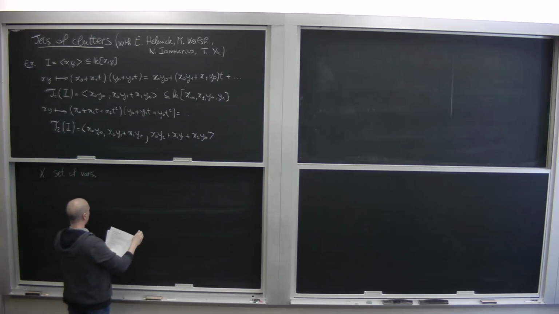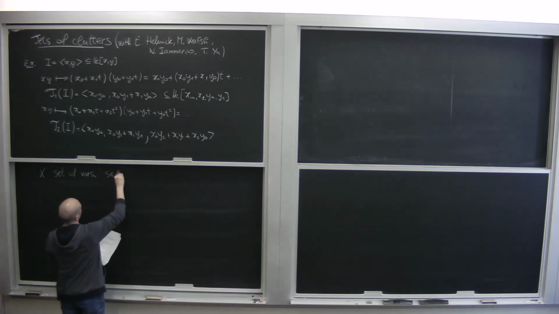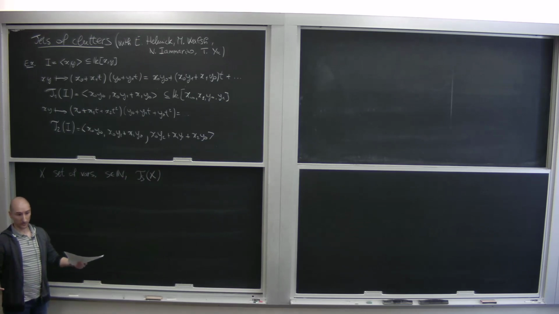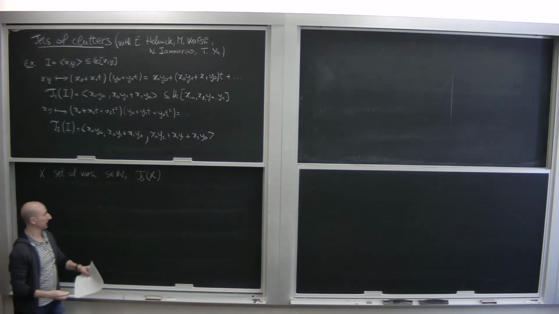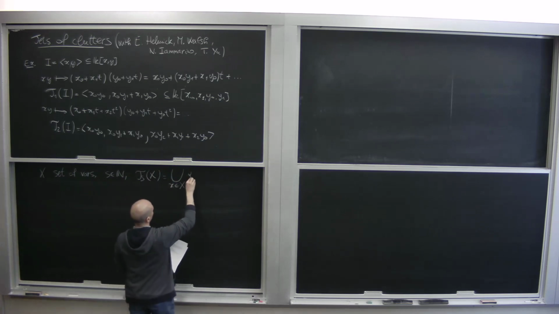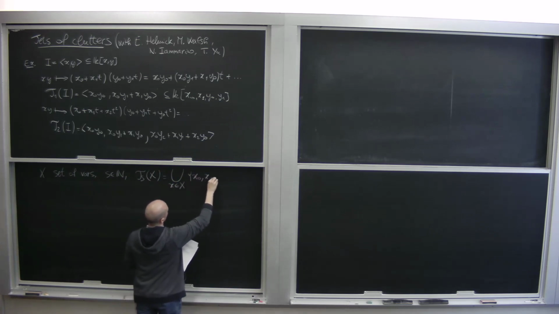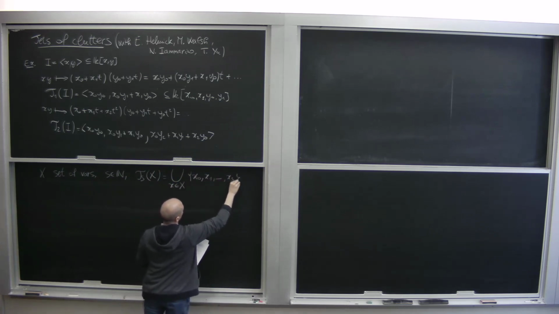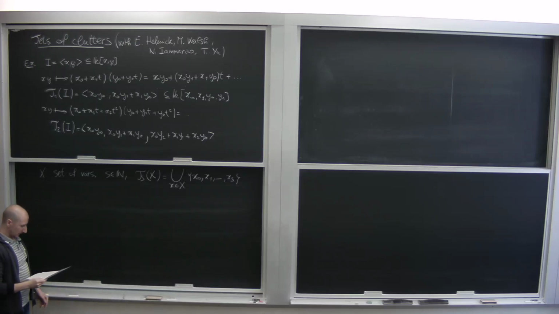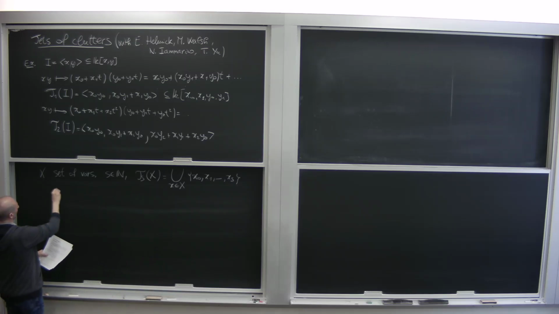For a natural number s, I define another set of variables, the variables of the bigger ring that I saw over there. For every variable little x in my original set, I'm going to have s plus 1 variables that I denote with subscripts.